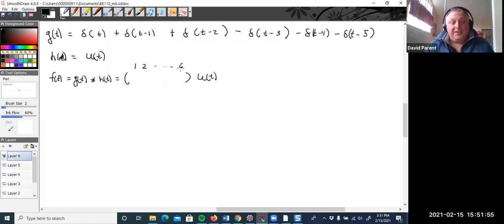I really don't want to draw it out again, but that means I have a step convolved with delta, step convolved with delayed delta, step convolved with delayed, delayed, delayed delta.